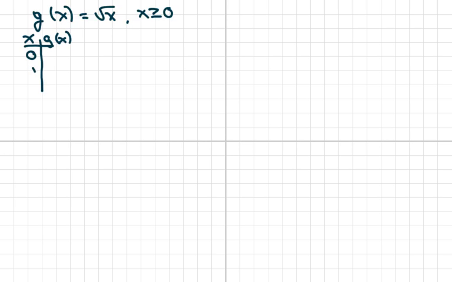And I'm going to put 1 and 4 here. So we get 0, square root that, and you get this. So here we go: 1, 2, 3, 4, and 4 goes to 2. So there's the parent function.